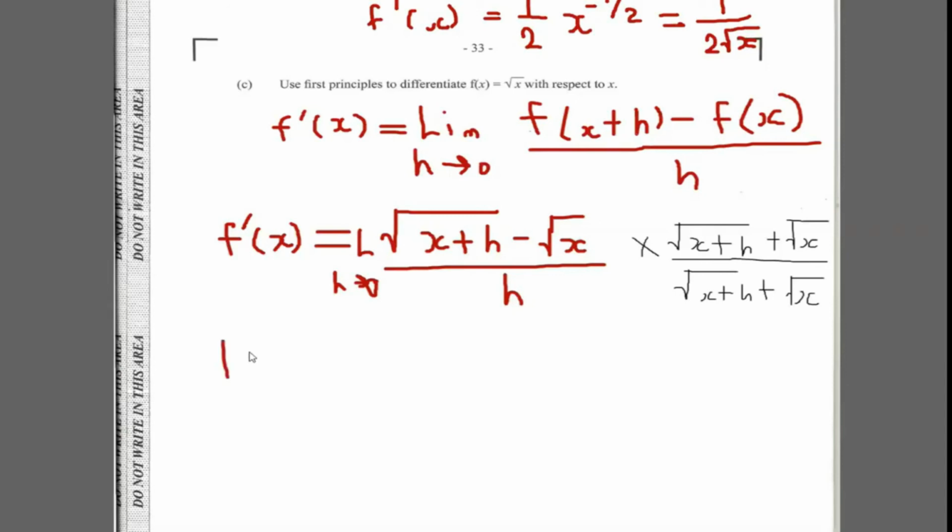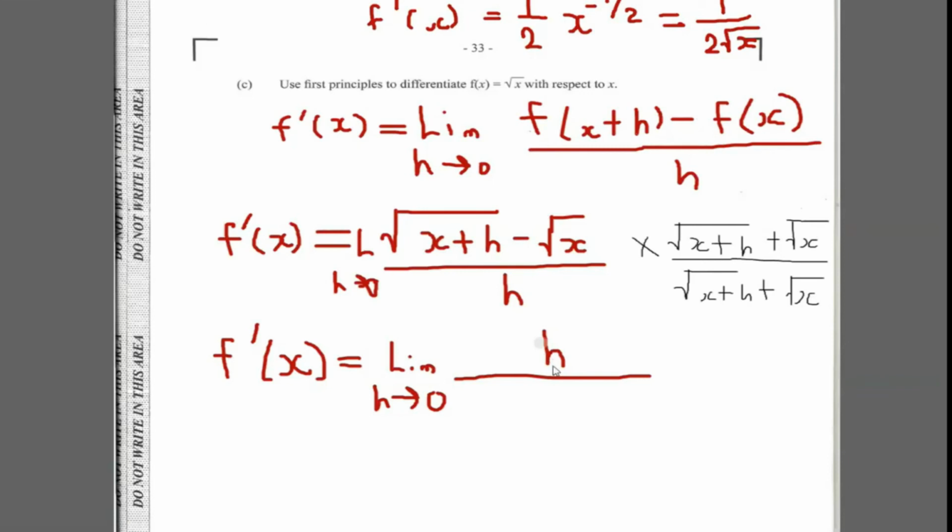So what we're going to get is f prime of x, being the first derivative, is going to be equal to the limit as h tends to 0 of, working out the numerator, the root of x plus h minus root x times the root of x plus h plus root x, which is the difference of 2 squares, x plus h minus x. If you're wondering where the h goes, let me write it out.